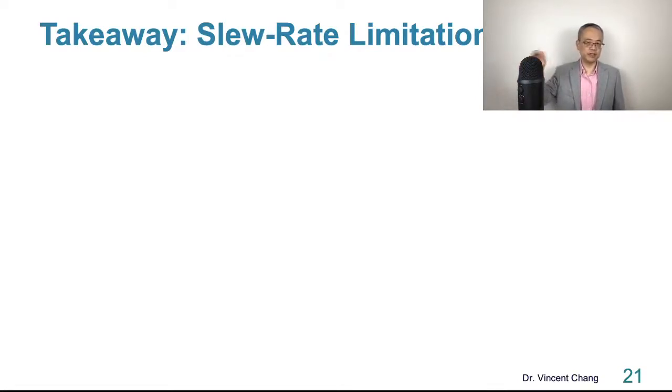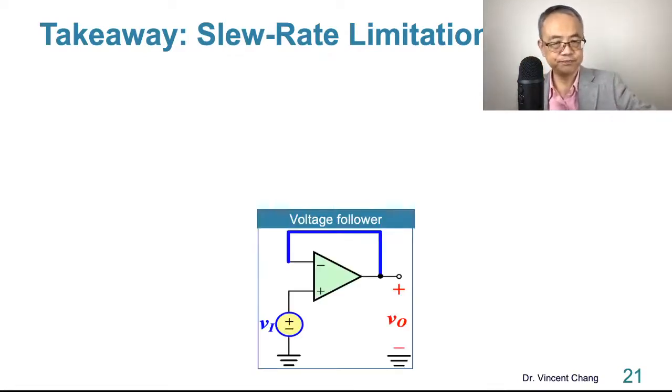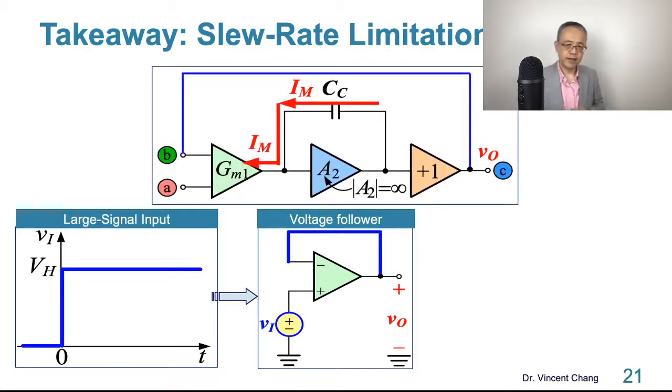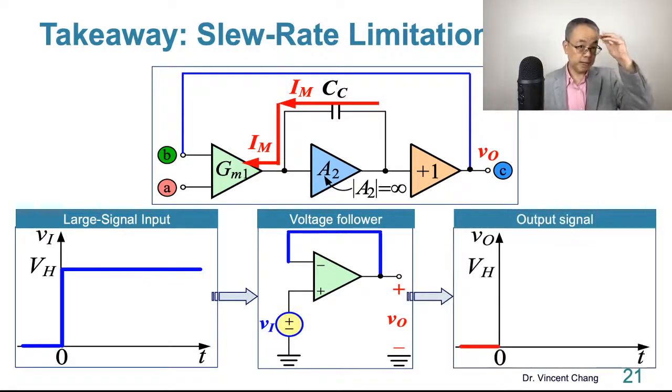Here's the takeaway, the slew rate limitation. You understand that for a follower fed by a large signal step input, large means the saturation region, not the linear region anymore. Then we use this model for an internally compensated IC op-amp. We know there will be a maximum current flowing through the compensating capacitor.